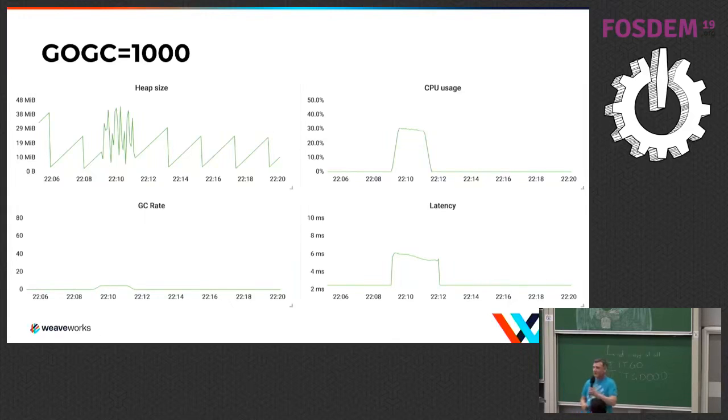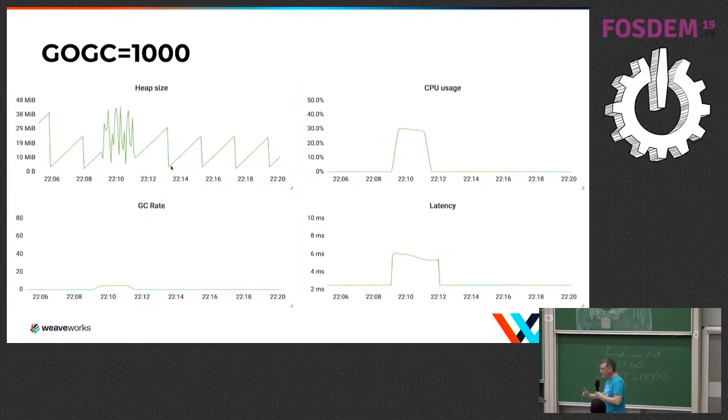Is there anything else you can do with it, Brian? You have a question? Just to clarify, what's the unit for GOGC? It's a percentage. GOGC is a percentage. The question was, what is the unit of GOGC? And it is a percentage of the minimum heap size.